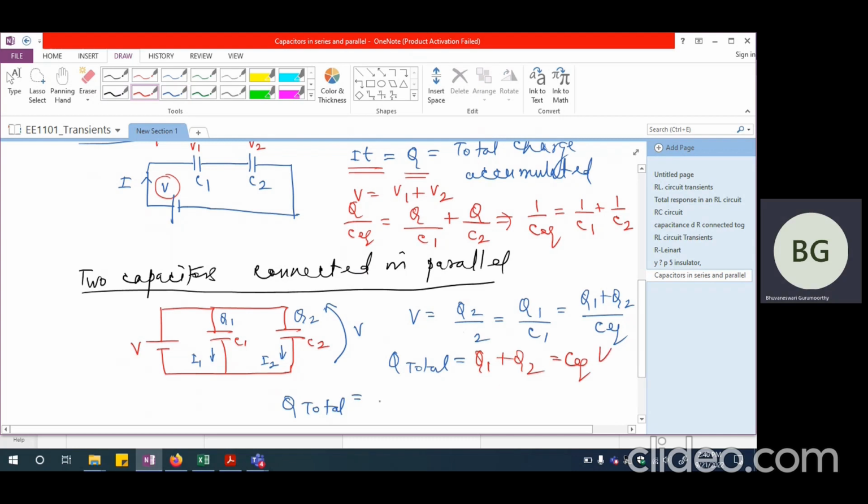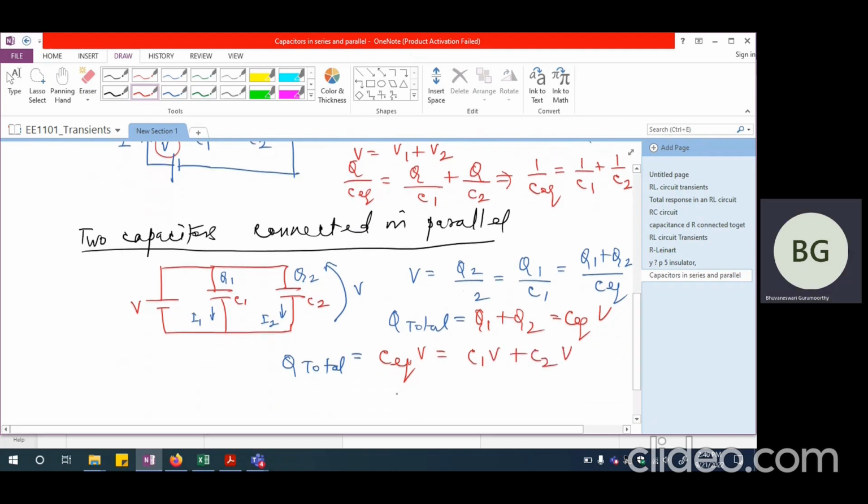So I should say Q total equal to C equivalent multiplied by voltage, which should be C1 multiplied by V, and C2 multiplied by V. Right? So from this, I should be able to say the C equivalent as seen from the source terminal has to be equal to C1 plus C2 when two capacitors are connected in parallel.